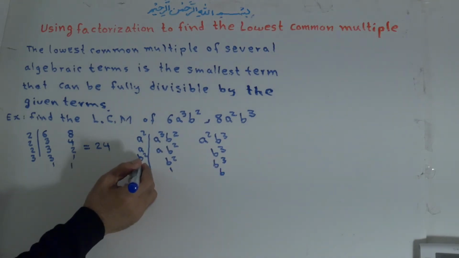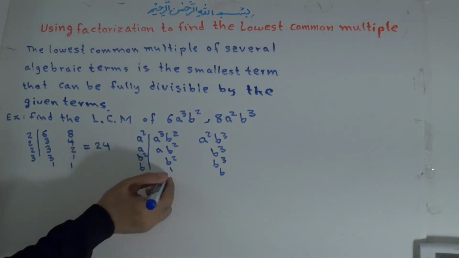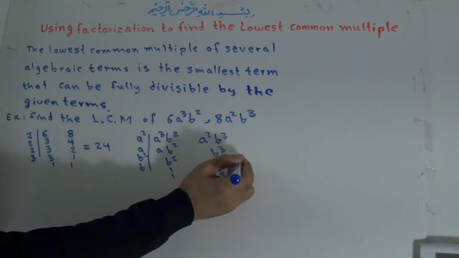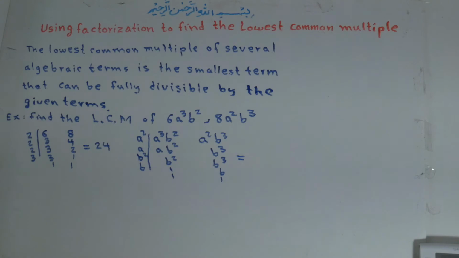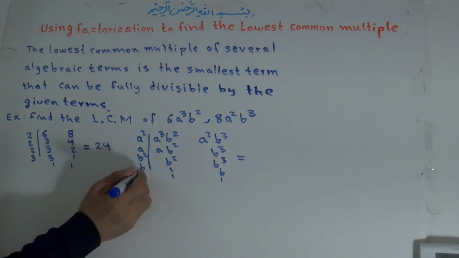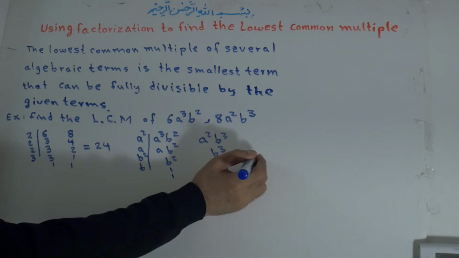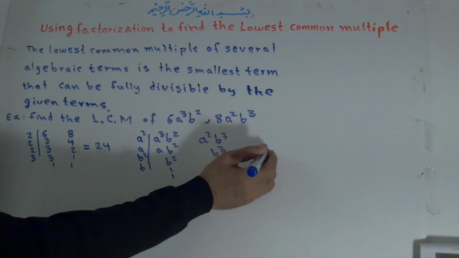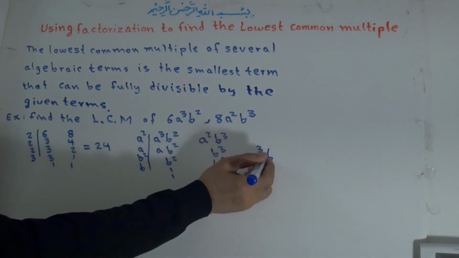Now b to the power of 1, 1 and 1. It is equal to a to the power of 2 times a to the power of 1 is a to the power of 3, and b to the power of 2 times b to the power of 1 is b to the power of 3. A to the power of 3, b to the power of 3.